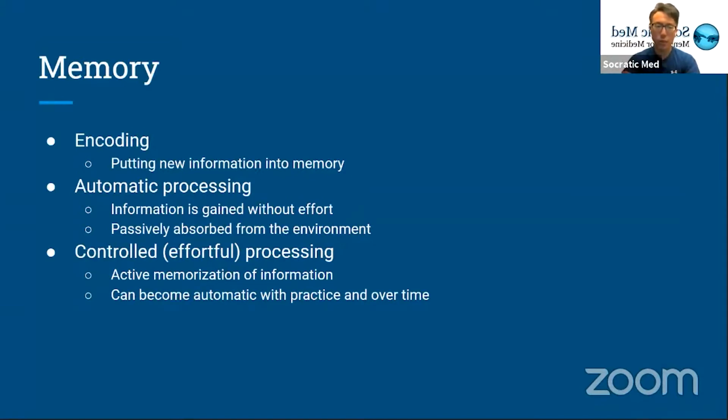They differ because with automatic processing, not much effort or conscious thought is put into memorizing, while with controlled processing, you're actively using your brain power and effort to memorize this information. But controlled effortful processing can also become automatic with practice and over time.